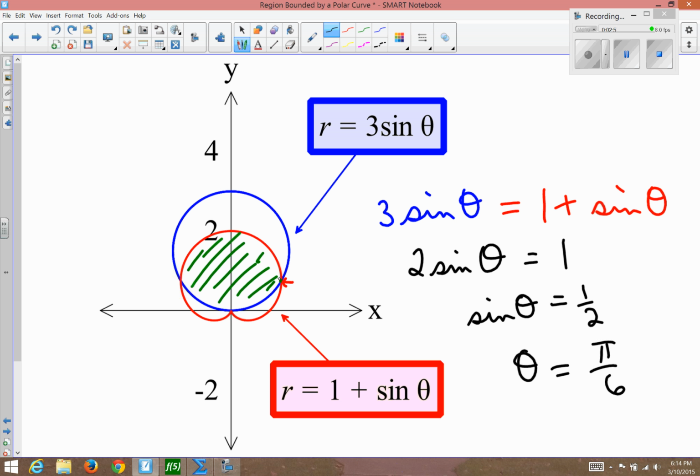So the intersection of this red cardioid and this blue circle is when theta equals pi over 6. This black line is making a 30-degree angle with the x-axis. That's the intersection.